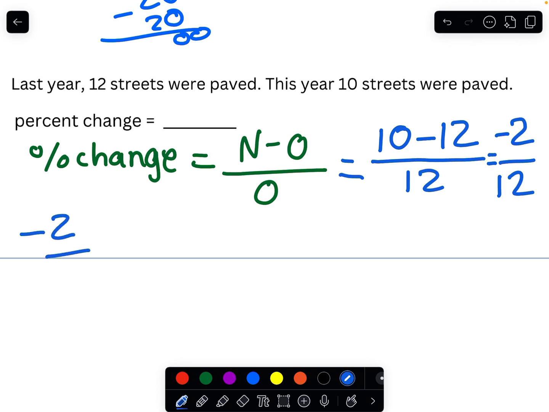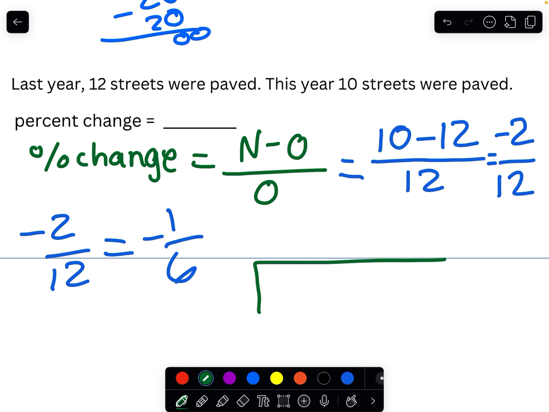Well, I know negative 2 over 12 is the same as negative 1 over 6. Even though I know what that is, I'm going to actually plug it in so that you guys can see me solve the problem as you would normally.